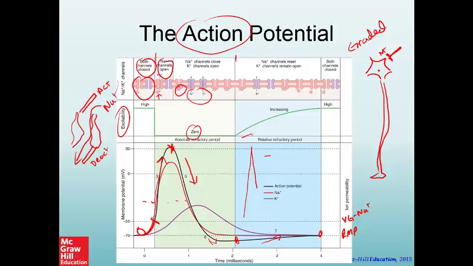And then as the relative refractory period progresses, so as this resting membrane potential slowly creeps back up to normal, the excitability of the neuron increases until you're back to normal resting membrane potential at the end of the relative refractory period. Now you're back to having a highly excitable neuron.